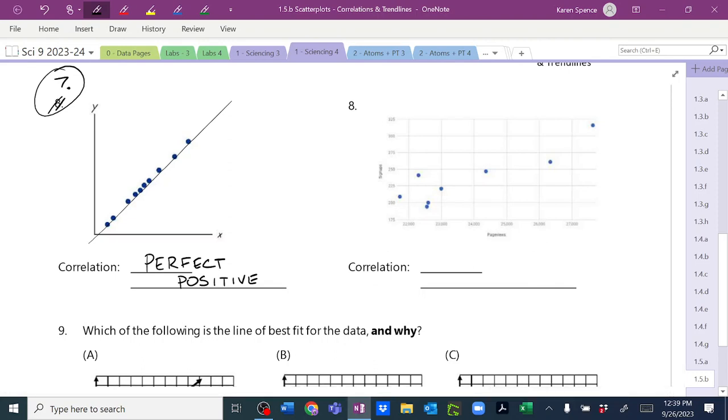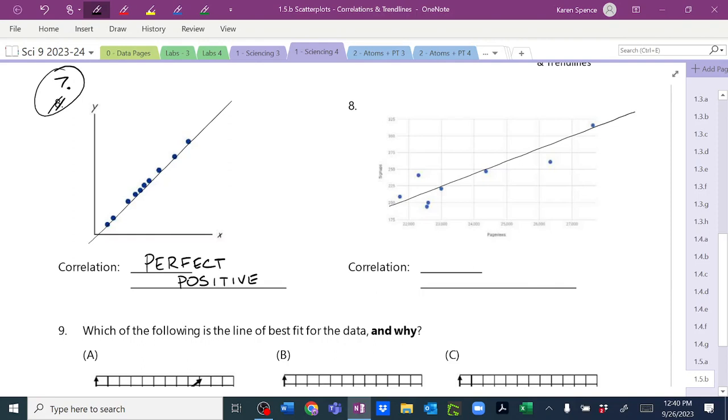And how about number 8? Well, let's take a look. Let's draw a trend line. I would not give you one like this on a test because it's not super obvious, and I want to give you ones that are super obvious. Yes?